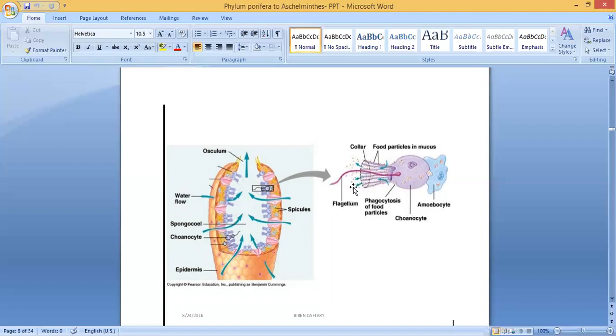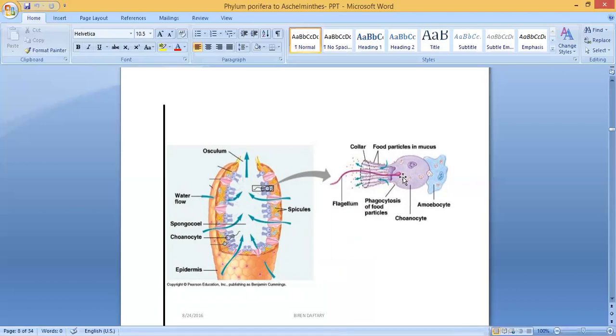These are called microvilli. In our small intestine, there are finger-like processes called villi, through which absorption of food into the blood takes place. Same like here, these are called microvilli, surrounded by a ring-like structure called the collar. So this is the choanocyte. It is also known as collar cells. What is another name of choanocyte? Collar cells. Clear?